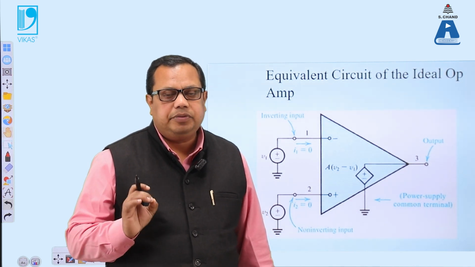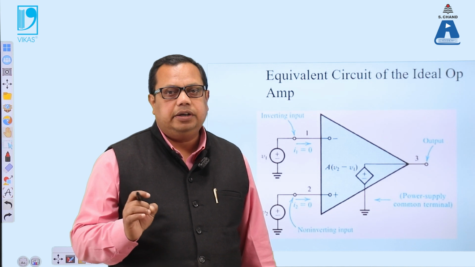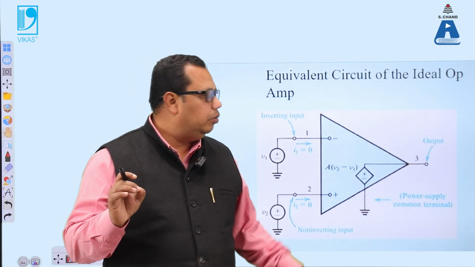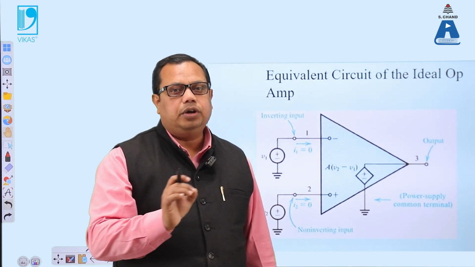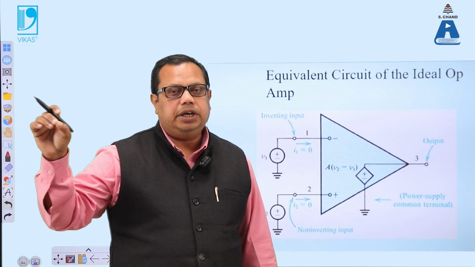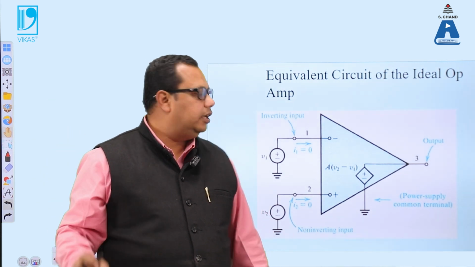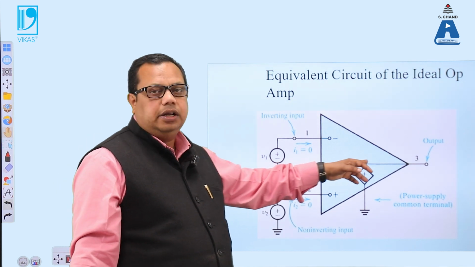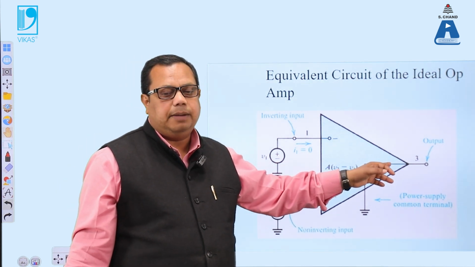So it is very easy to design the operational amplifier. If you forget in the exam what circuit has to be made, then make a very simple thing: make the symbol for a NOT gate, but don't put the dot. The 1 and 2 inputs will work as the minus and plus inputs, and the output 3 will work as the output. Then we connect the supply here, between the input and the output, and it will work as an operational amplifier.